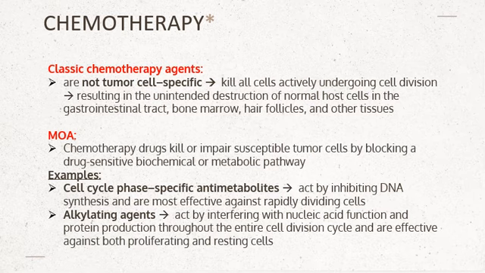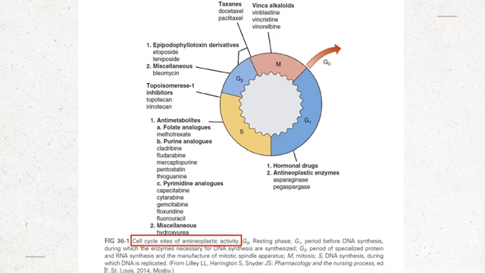So, for your alkylating agents naman, it acts by interfering with the nucleic acid function and protein production throughout the entire cell cycle division. So, therefore, it will now render your cells ineffective na in proliferating or dividing.